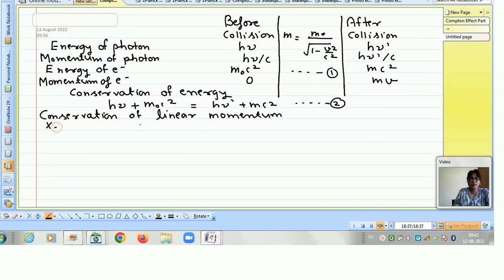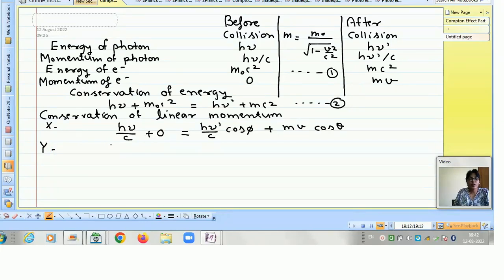In the x direction, recalling the previous figure, the initial momentum was h nu by c, and then 0 for the electron, and this is equal to h nu dash by c into cos phi plus mv into cos theta. So this is the conservation of linear momentum in the x direction, and similarly we write another equation in the y direction.